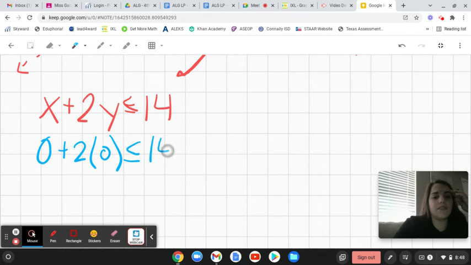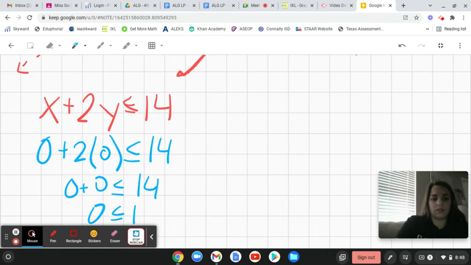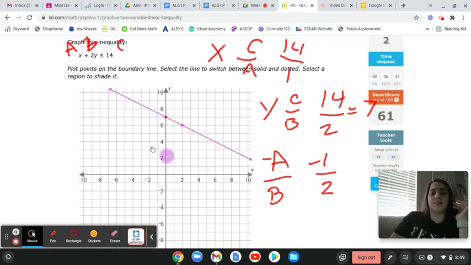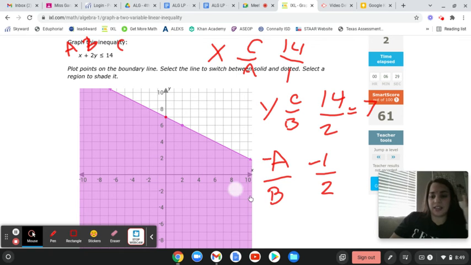Let's see if 0, 0 really does fit into that equation. 0 plus 2 times 0 would be 0 plus 0, and 0 plus 0 is 0. Is 0 less than or equal to 14? Yes, it is. Since the origin worked inside of that equation, 0, 0 is in the part that is shaded.